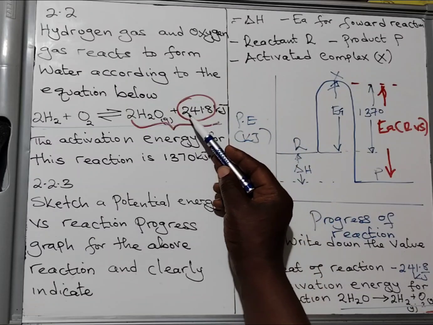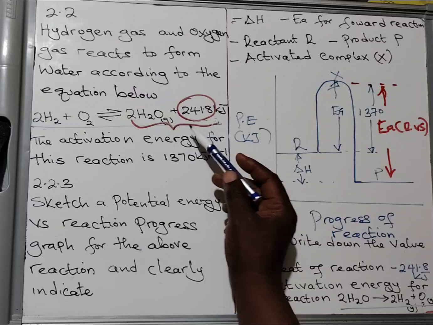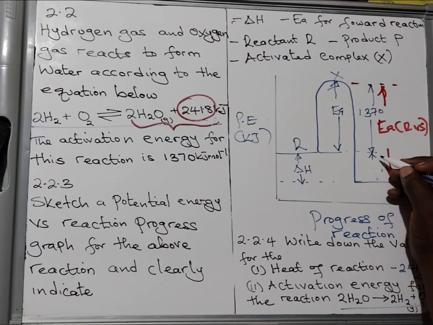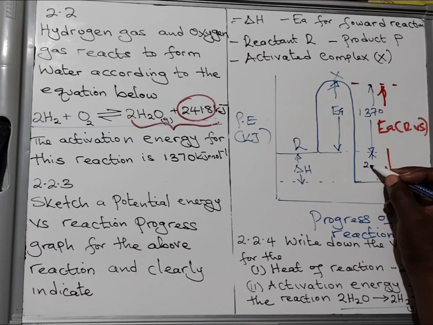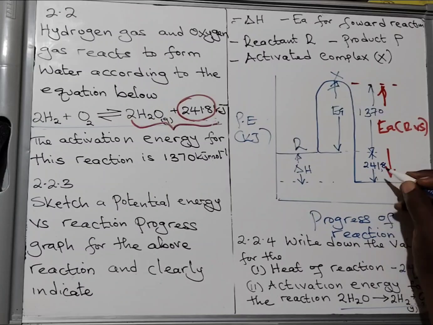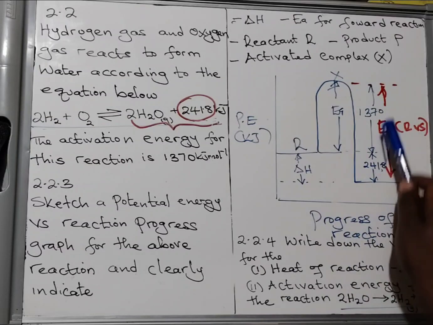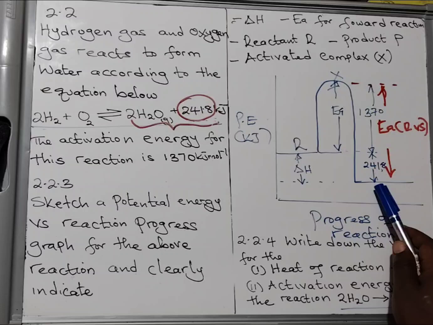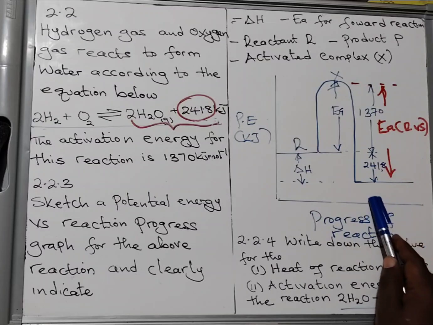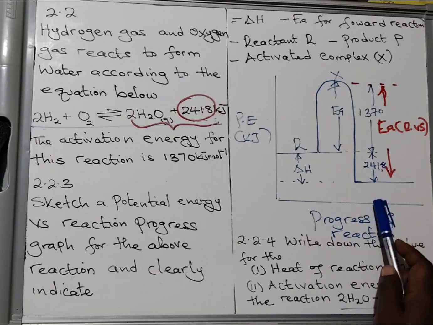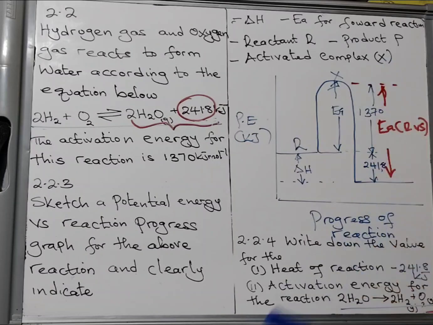We know the enthalpy change, which is represented by this space here. So this one is 241.8. The negative comes because it falls below the level of the reactant. Otherwise, here we take it as it is, as positive. So when you look at this, what do you see? That the activation energy of the reverse reaction is the sum of these two.